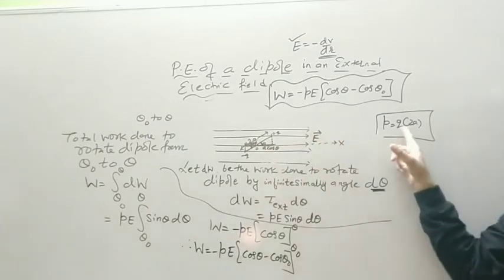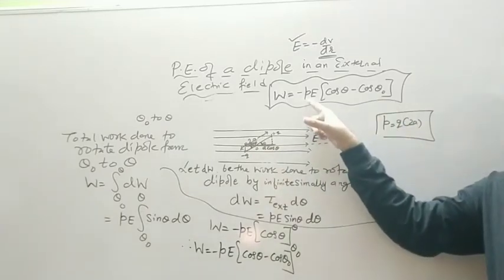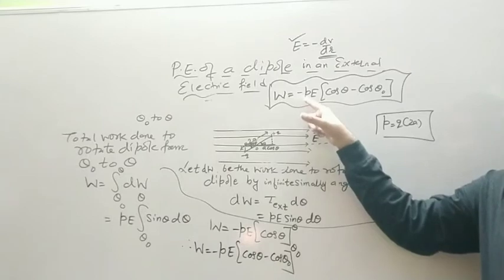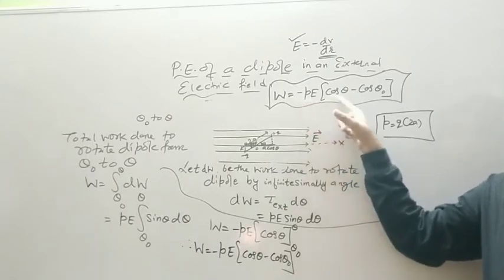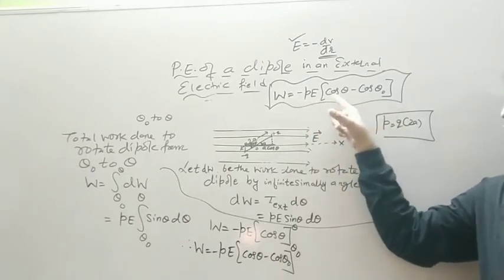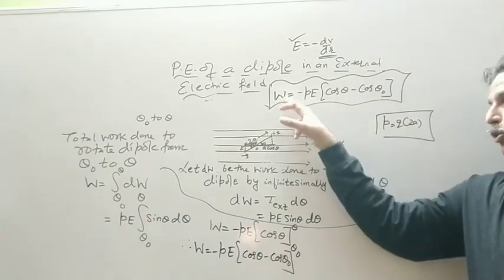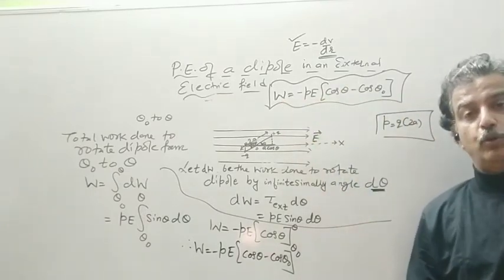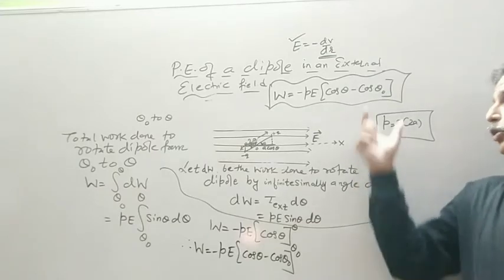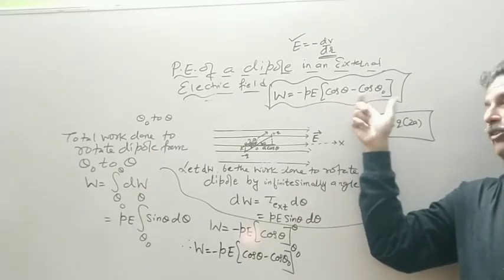So if I keep this value here, it becomes minus Q 2A cos theta into E. This W upon Q will give you the potential difference.